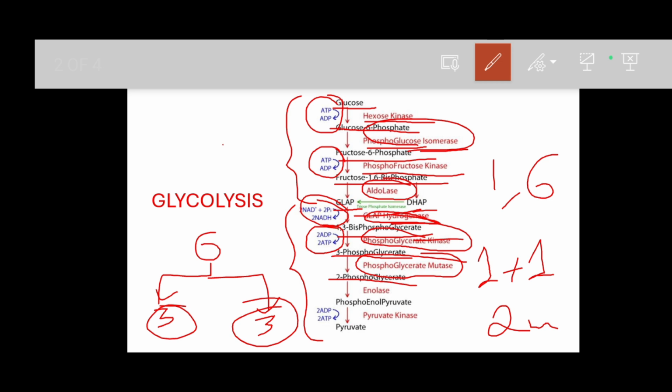Next, from 2-phosphoglycerate, phosphoenol pyruvate is formed. It involves an enol form, right? The enzyme involved here is enolase.